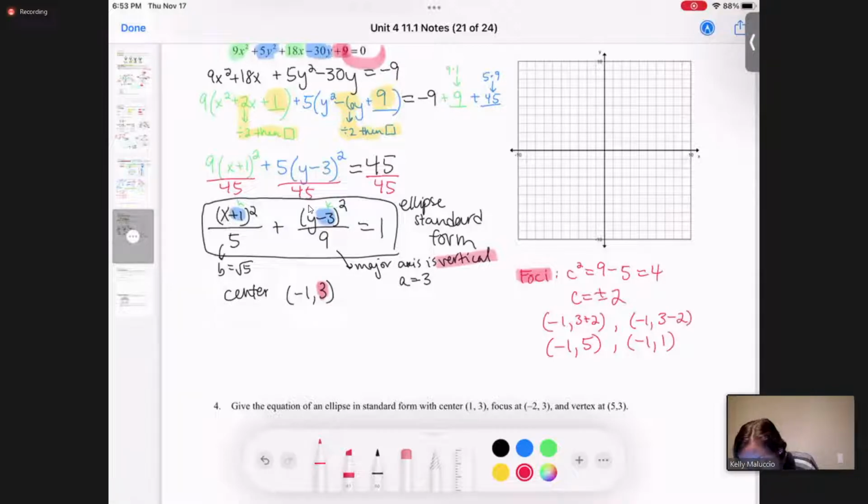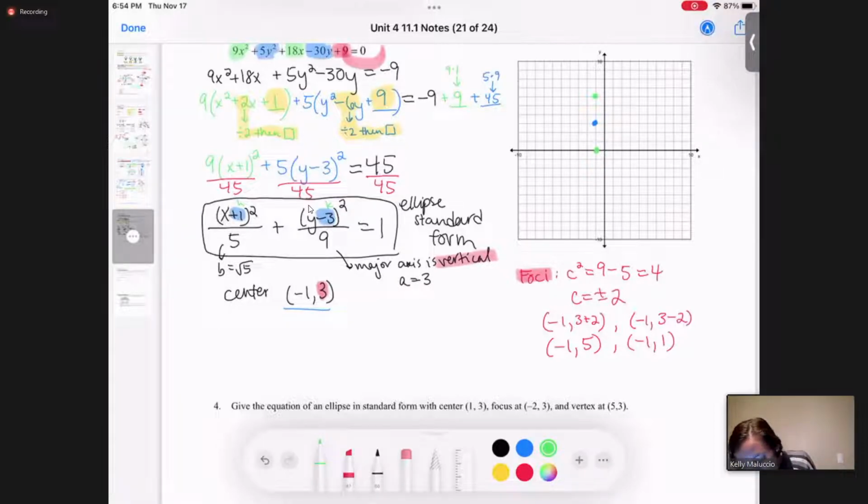And so let's start graphing this. The center is at (-1, 3). So this is the center. My major axis is vertical, so if I go 3 up above that, 1, 2, 3, and 3 below, these are my major endpoints.